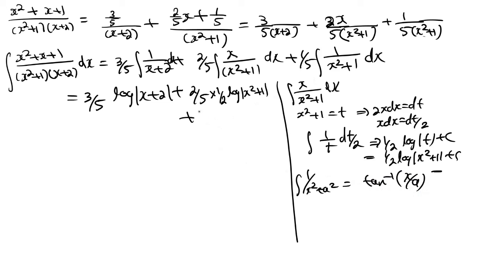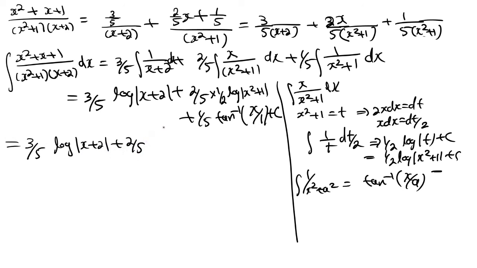So its value is equal to 1 by 5 into tan inverse of x by 1, plus integration constant c. So it's equal to 3 by 5 into log of mod x plus 2, plus 2 by 5 into 1 by 2. See, 2 gets cancelled, right? So here you will get only 1 by 5. 1 by 5 into log of mod x square plus 1, plus 1 by 5 into tan inverse of x, plus c.